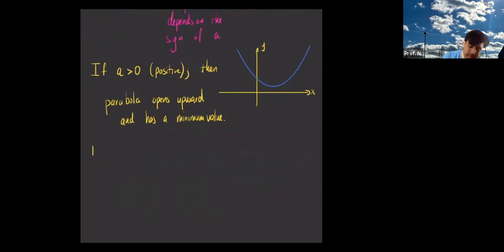The other scenario, if my a value is negative, so if I get like a negative 3 in front or whatever number that has a negative sign, then the parabola opens downward.